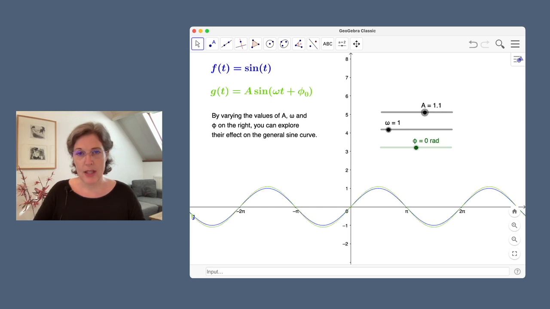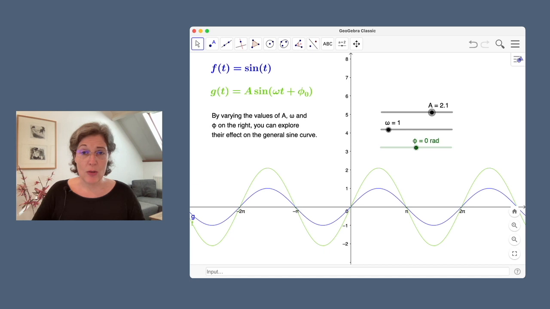So I'm going to take my amplitude up to 2, and you'll see that every value of the blue function has been multiplied by 2. Well, actually 2.1 here. So our new amplitude is sitting at 2.1. So as soon as we know that a is 2.1, we know that the maximum of our sine graph is going to be 2.1 and the minimum will be minus 2.1.